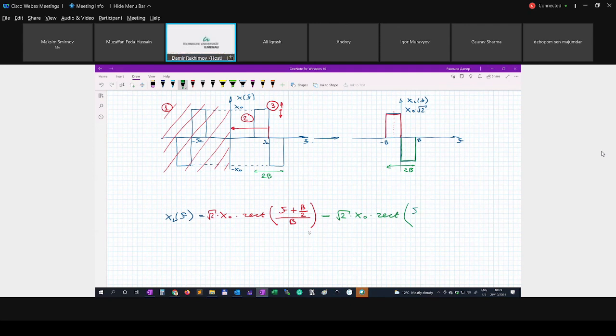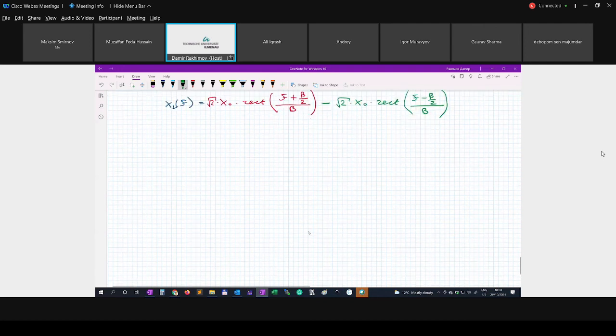In this case, we have f minus B by 2 over capital B. So we have information about the shift, and also about the duration of our rectangular pulse. This is the formula for the spectrum of our low pass signal.